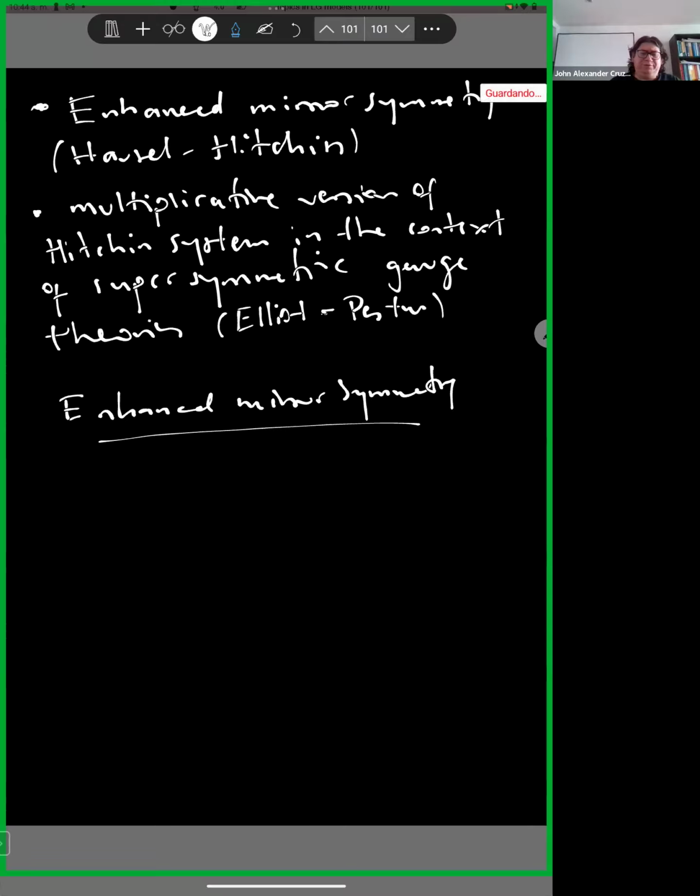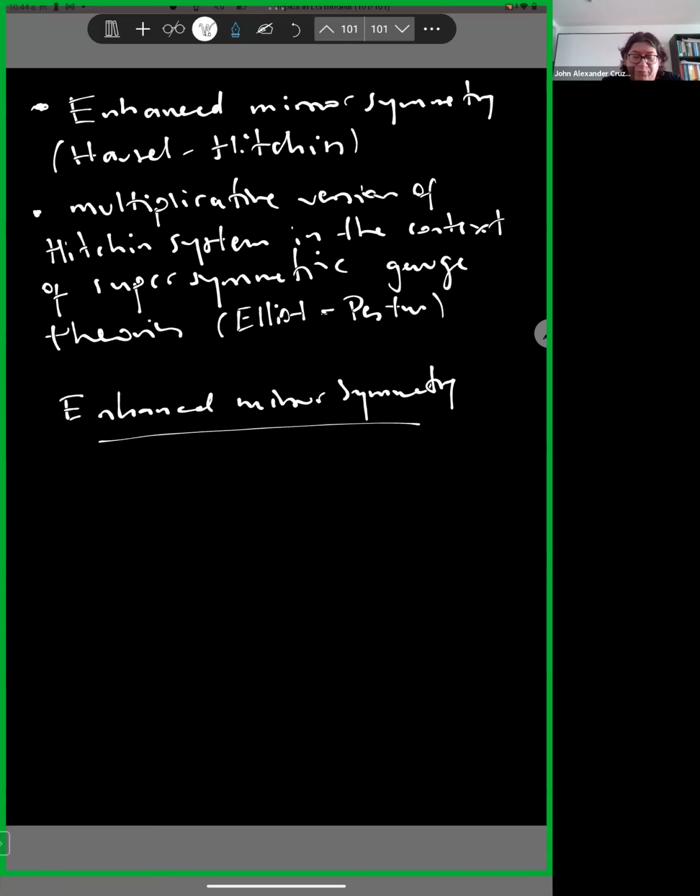I also want to discuss the classical work of Hausel and Hitchin, where they discuss mirror symmetry, and they discuss some mirror symmetry for Hitchin systems as an SYZ fibration.